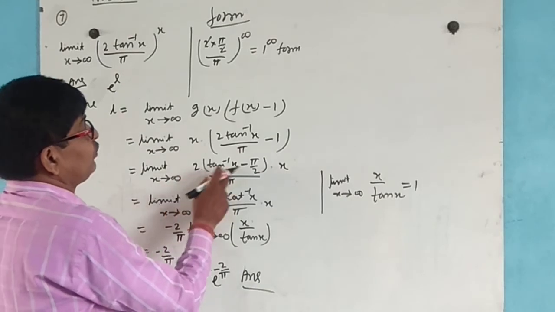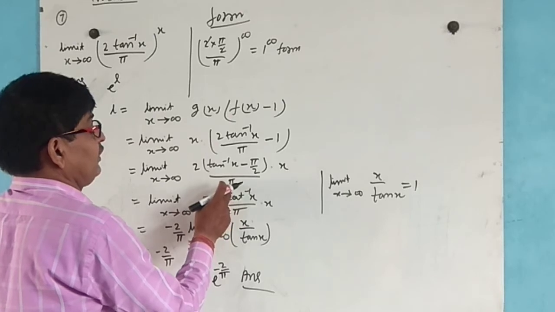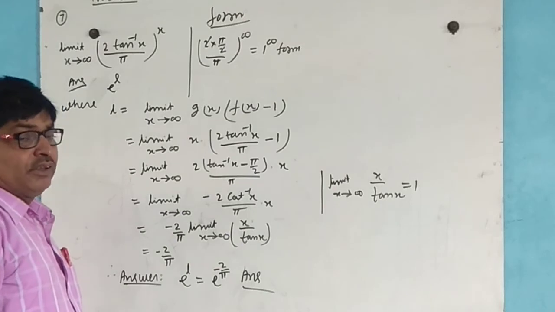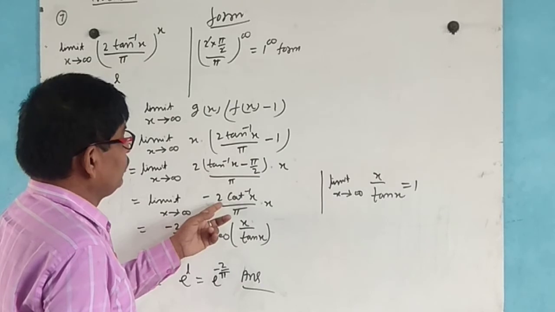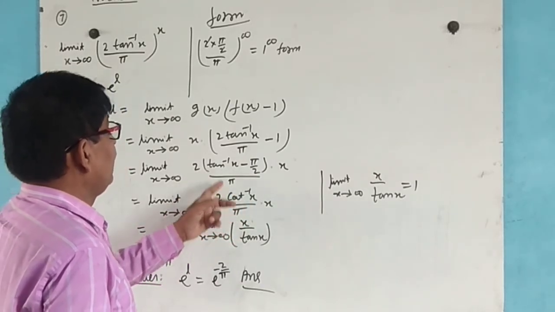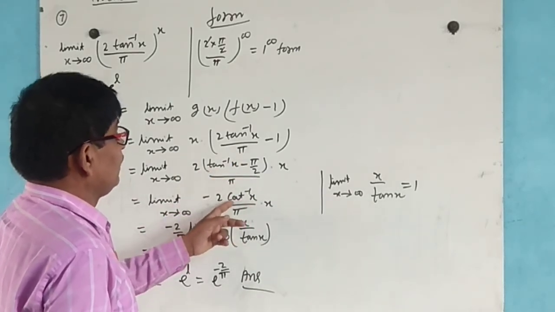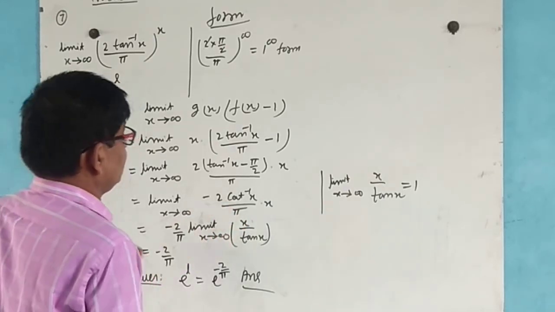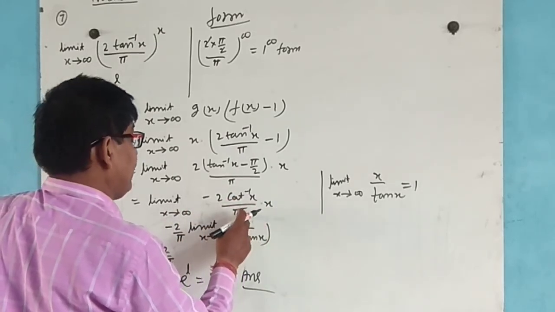After multiplying, 2 tan inverse x by pi, minus 1, so that is tan inverse x minus pi by 2 over pi by 2. Tan inverse x minus pi by 2 is equal to minus cot inverse x, so this is minus 2 cot inverse x into x by pi.